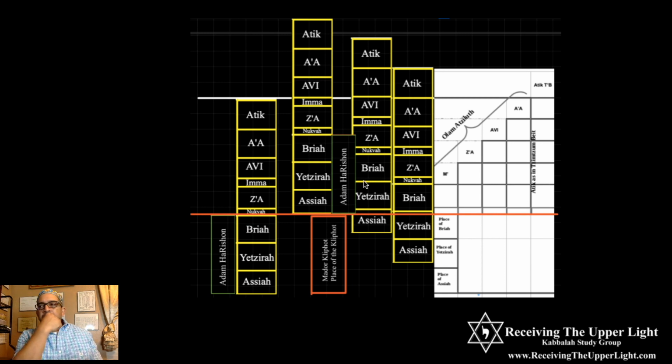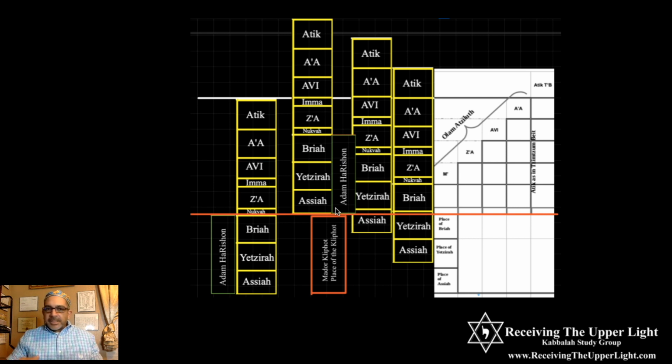And in Atzilut, Adam Harishon was created, the first Adam, and Adam later started calculating with its vessels of receiving pleasure for its own sake, and that's when the whole system falls down, including Adam Harishon, to the place of the Klipot. Okay, and what we're going to see is that this is basically the story of how we can go back to that state in which Adam Harishon was in Gan Eden, in the Garden of Eden.